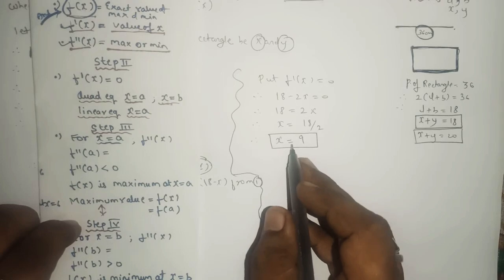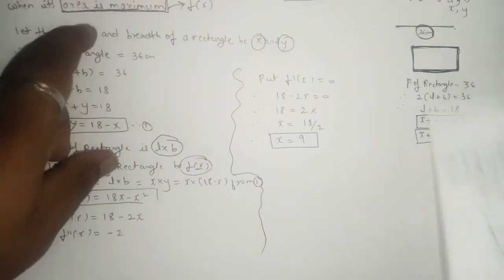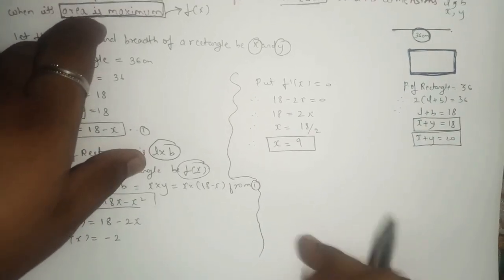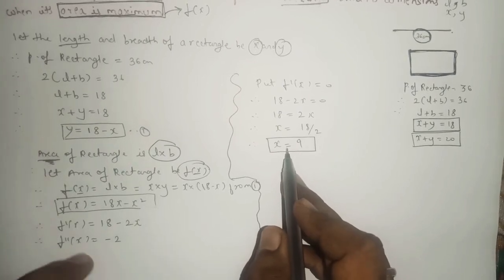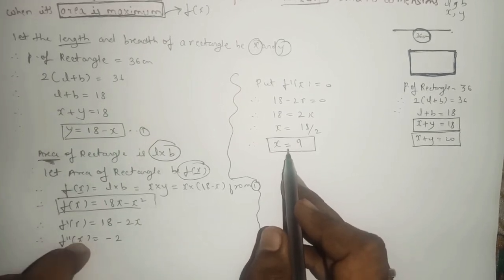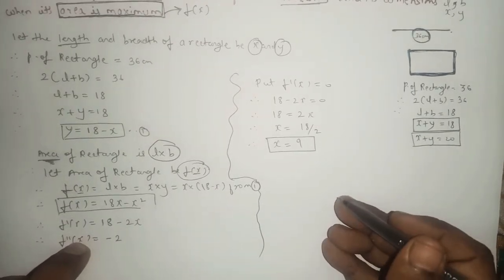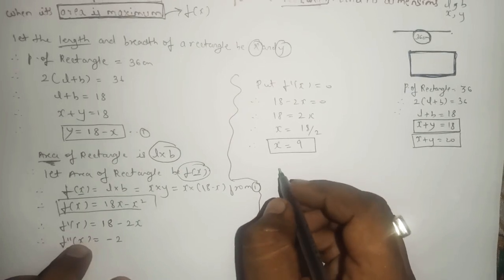Whenever you get only one answer, either it turns out to be maximum or it turns out to be minimum. But here it is clearly mentioned that the area has to be maximum at the particular value. So after replacing the value of x equals to 9 in the second derivative test, see to it that the value is maximum. Okay, so let's see whether it is maximum or minimum.